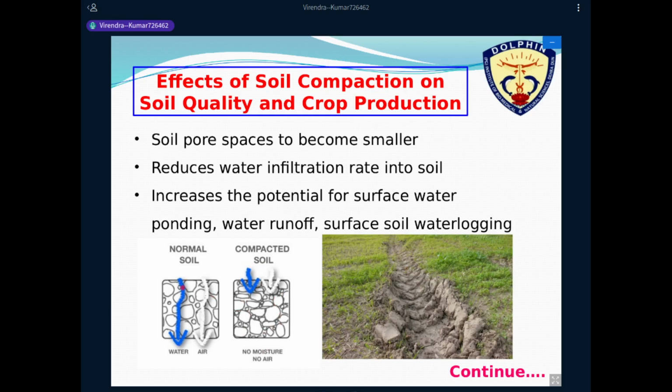So when there is water infiltration or air infiltration in the soil particles, it is found very more volume, and in this condition we found that very less water infiltrates or penetrates in the soil particles. तो यहाँ पे आप देख रहे हैं कि जो नॉर्मल सॉइल है इसमें पोर स्पेस भी नॉर्मल है, तो यहाँ पे वाटर इन्फिल्ट्रेट या एब्जॉर्प्शन की कैपेसिटी है, एयर की एब्जॉर्प्शन की कैपेसिटी अधिक है, जबकि कंपैक्ट सॉइल में पोर स्पेस बहुत कम है, तो यहाँ पे वाटर इजिली एब्जॉर्ब नहीं कर पा रहा है, एयर इजिली मूव नहीं कर रहा है इस फील्ड में.